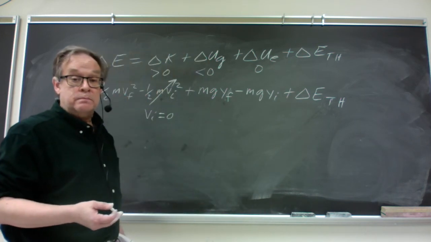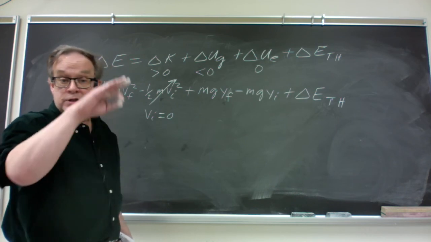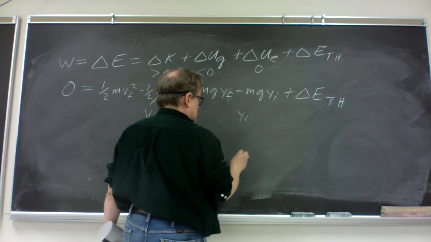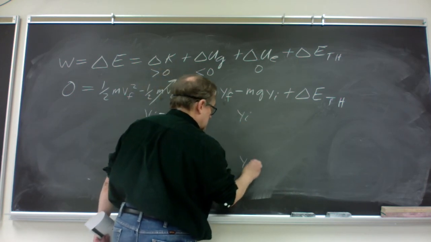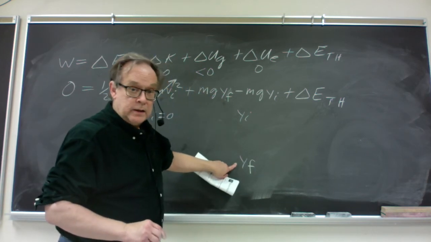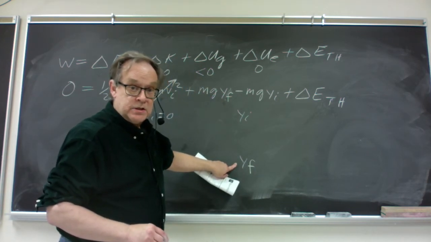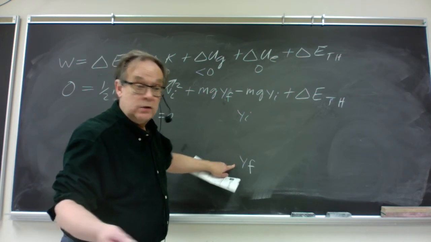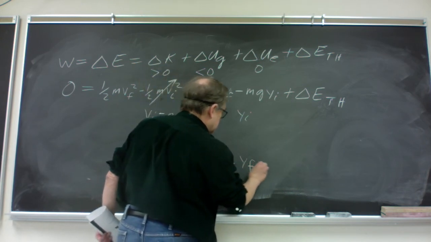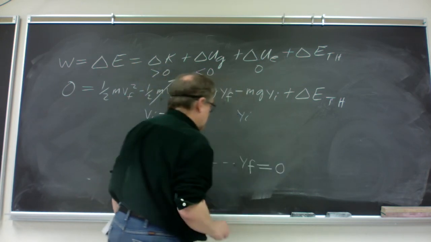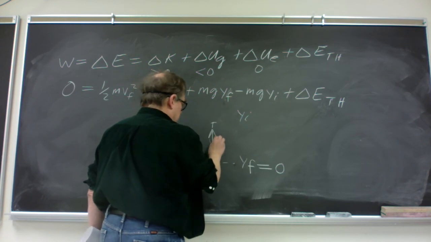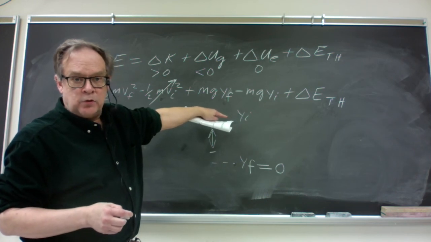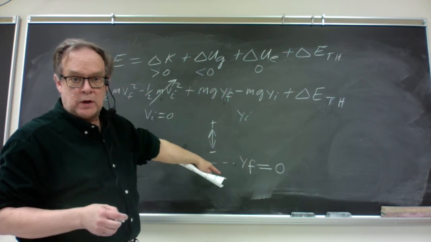It's easiest to put the 0 level of elevation at either the start or the finish. So the final elevation is down here, and since this is the lower elevation, we'll call that elevation 0. And then put the positive direction up and the negative direction down. So the second floor, remember, was 10 meters above the ground floor.